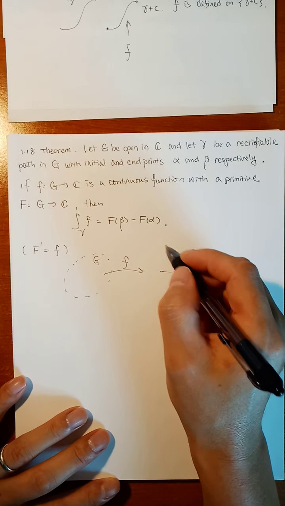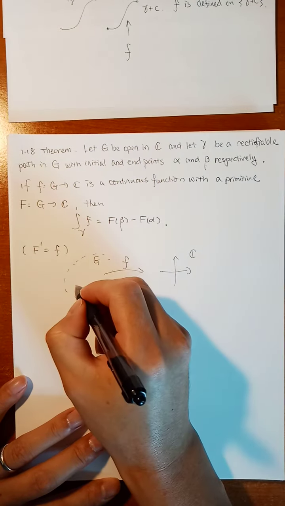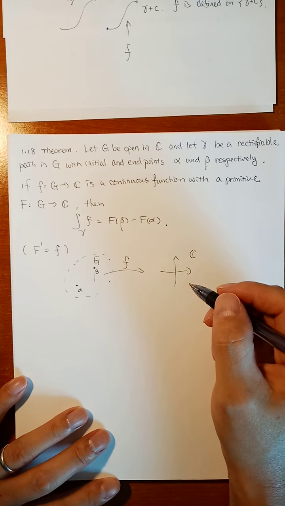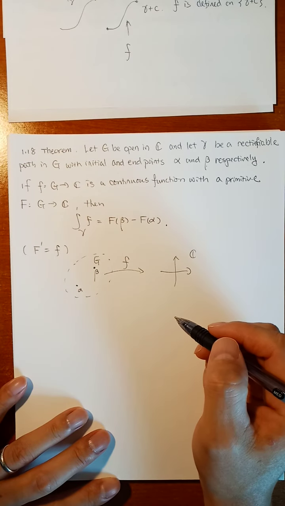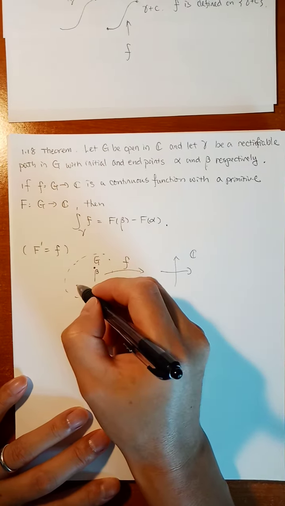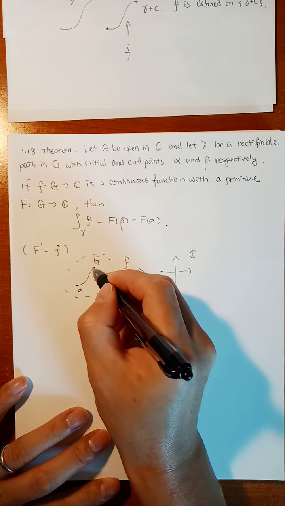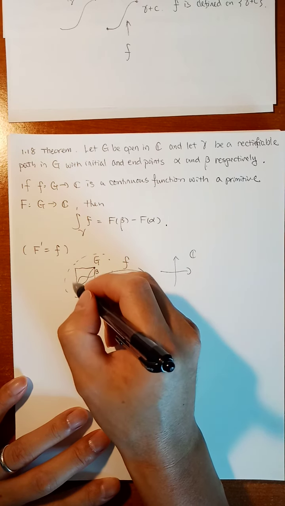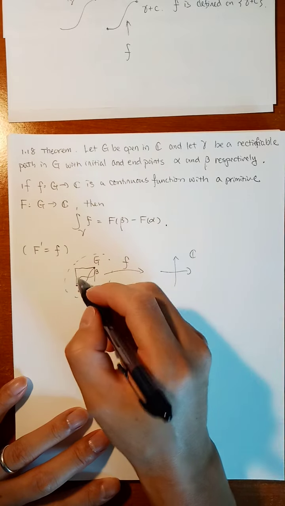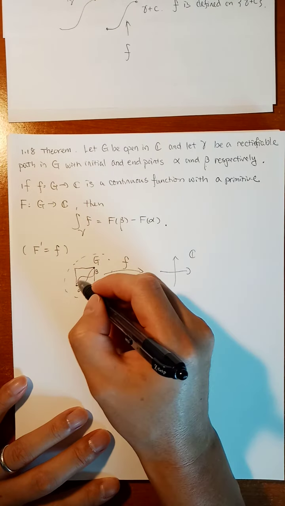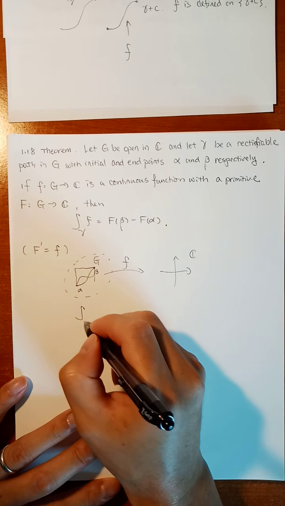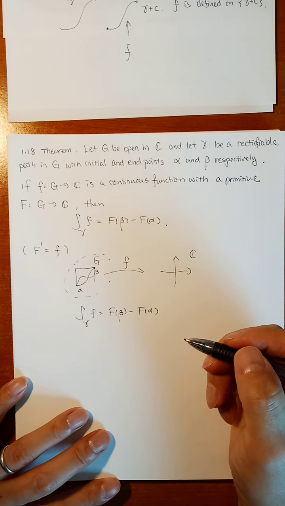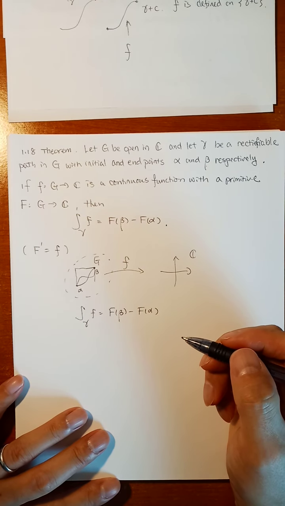We have the initial point and endpoint, alpha and beta, and then we have a primitive capital F. Then basically it says you get the integral either this way or this way or whatever way. I don't care what the connection between alpha and beta is. Once this path is rectifiable, this integral is always capital F of beta minus capital F of alpha.